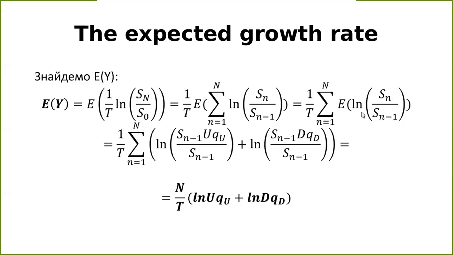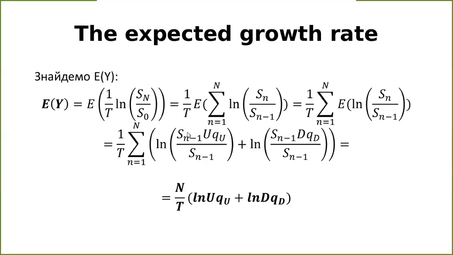You know the rule for how we get the next value S_n if we are now at the value S_{n-1}. It is S_{n-1} multiplied by u with probability q_u, or S_{n-1} multiplied by d with probability q_d. But it is the full logarithm.